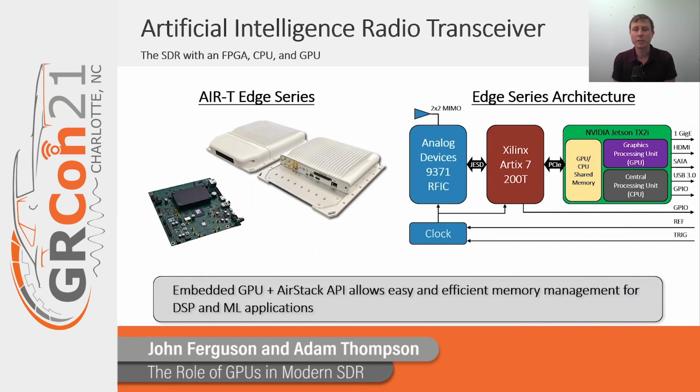That FPGA does decimation of the data down to the rate you want, and RDMAs it over to the NVIDIA Jetson. That NVIDIA Jetson is really nice because it has shared memory between the CPU and GPU, so we don't have to have extra memory copies. It runs Ubuntu 18.04, which makes it very easy to program on, and ideal for this type of problem because of this memory management that is taken care of for you.